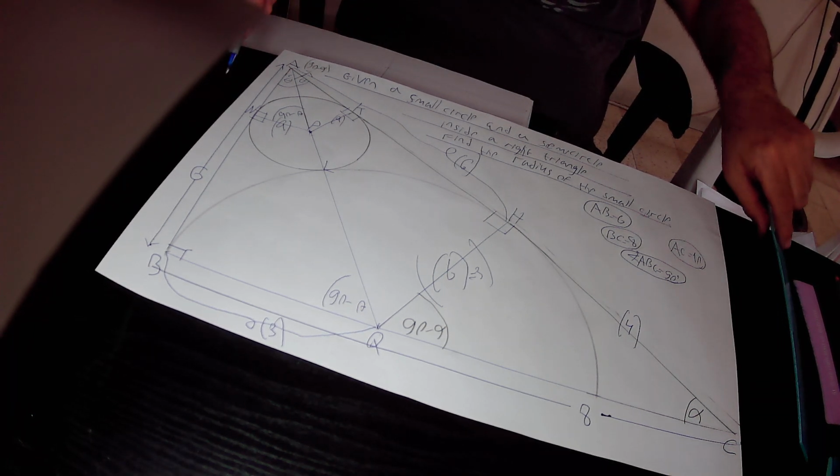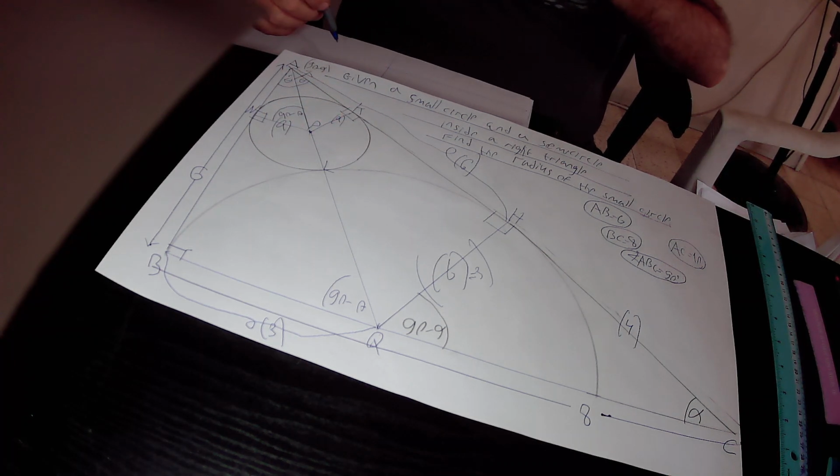So why is the right triangle ABQ similar to the right small triangle ANP?